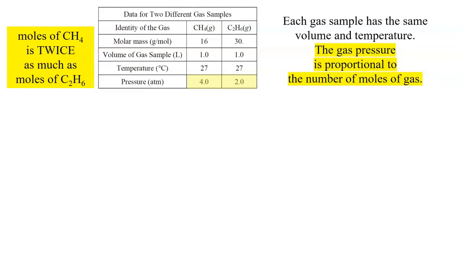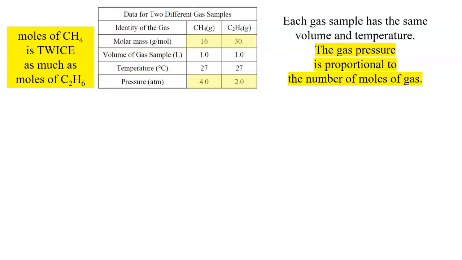Now, we don't know the exact mass of each gas. That was not given explicitly in this data table. But we do know the identity of each gas, and we are given the molar mass. So the molar mass of CH4 is 16 grams per mole, and the molar mass of C2H6 is 30 grams per mole.